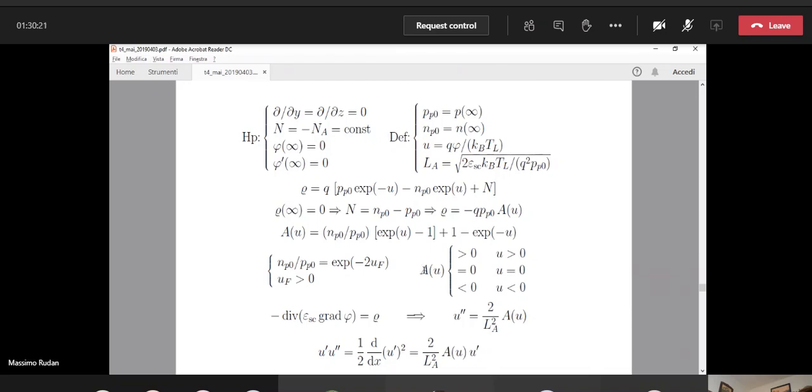Then, when U is positive, A is also positive, because exponential of U is larger than 1 and exponential of minus U is smaller than 1. And finally, when U is negative, A is negative. So this function has no dimensions and has the same sign as the argument U.